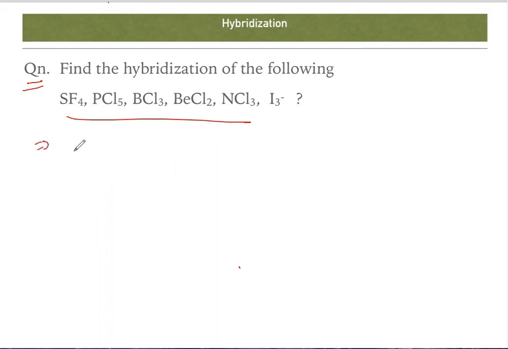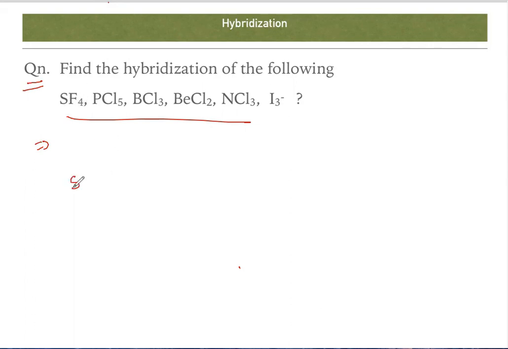The simple trick that I follow is to just count the outermost electrons of the center atom. So how do you know which one is the center atom? Remember, the atom which is less electronegative would be the center atom. Sulfur is less electronegative than fluorine, so obviously sulfur is the center atom.